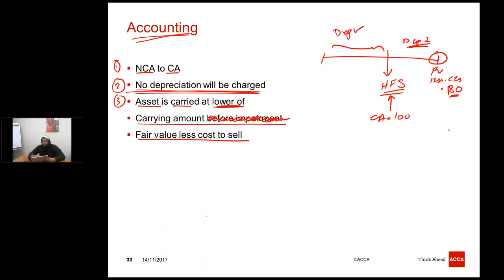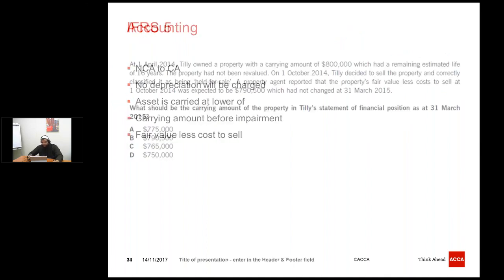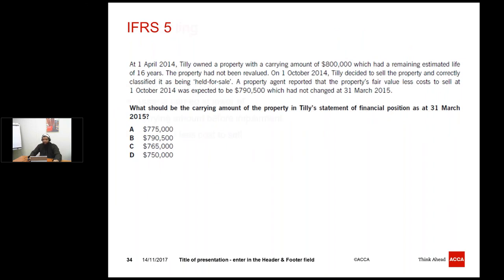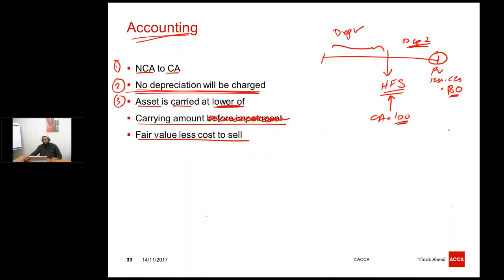And if the fair value is 180, then I'm going to write it at 100. Simran, I have cancelled "before impairment" because that would confuse you. So the asset is transferred from non-current to current, no more depreciation, carried at the lower of. You have to remember 3 points: move from non-current to current, no more depreciation, carried at the lower of.